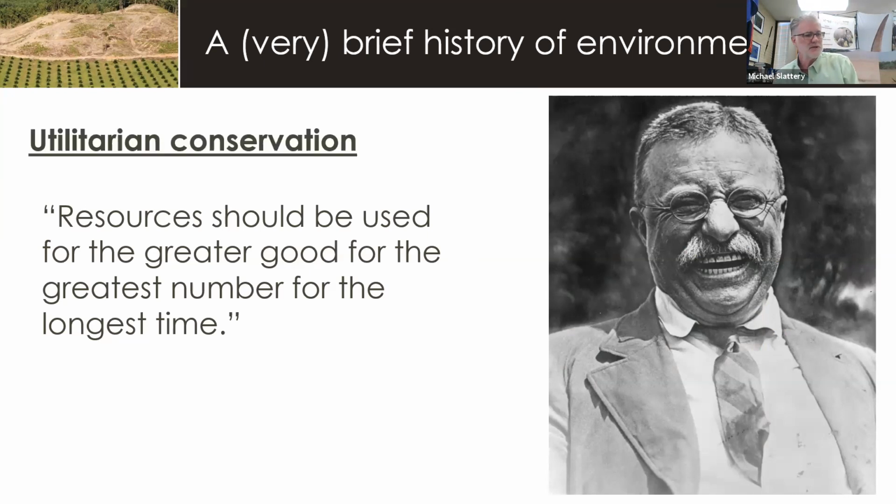So this approach is referred to as utilitarian or pragmatic resource conservation. That is the ethic and the mission of the US Forest Service. Utilitarian, meaning for the greater good; pragmatic, again, for our use.